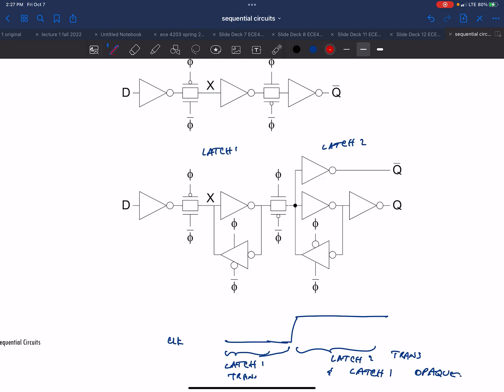So we sampled whatever D was doing right over here.